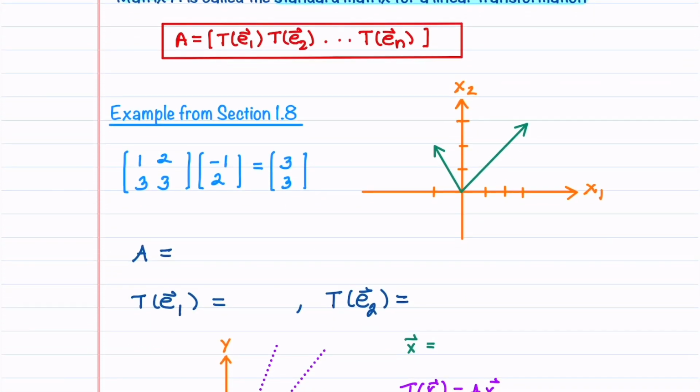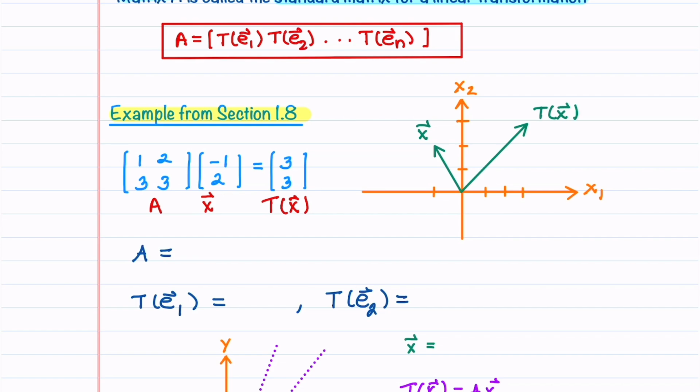To understand the standard matrix for a linear transformation graphically, let's revisit the example that we looked at in section 1.8. We had a matrix A, we multiplied it by a vector x, and then we got a vector T of x. In the diagram on our right, we can see that we have a vector x that transforms into a vector T of x.